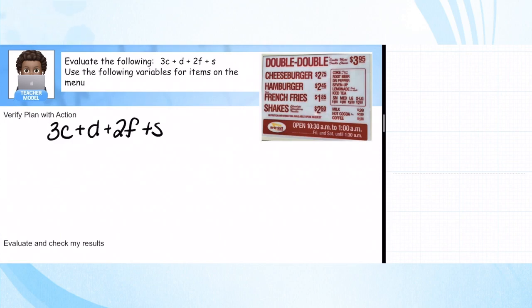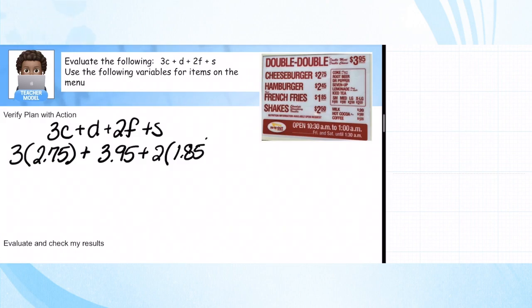Okay, so starting off with 3 times cheeseburgers, 3 times $2.75. Plus, D is for the double cheeseburger, $3.95, plus 2 times $1.85, plus our shake, $2.50. So there we have it. We have all our numbers.